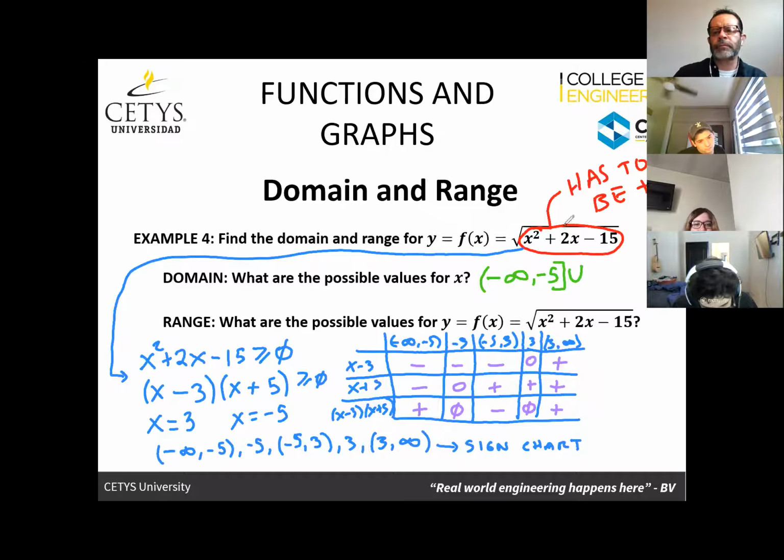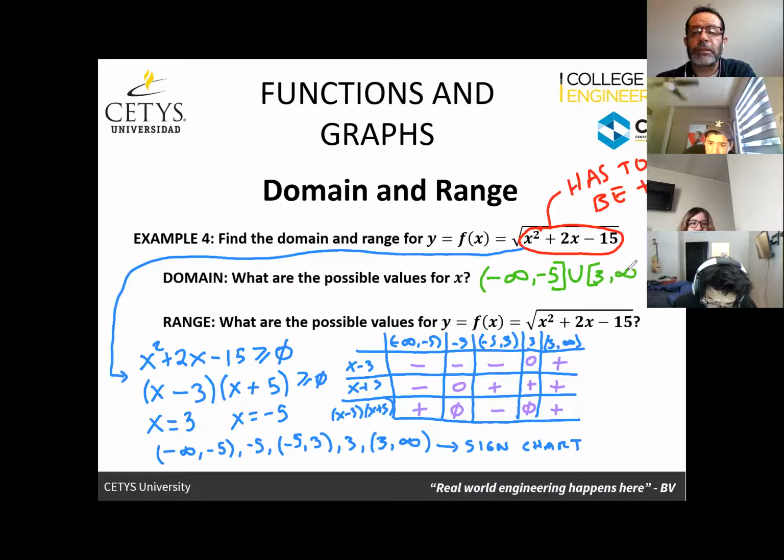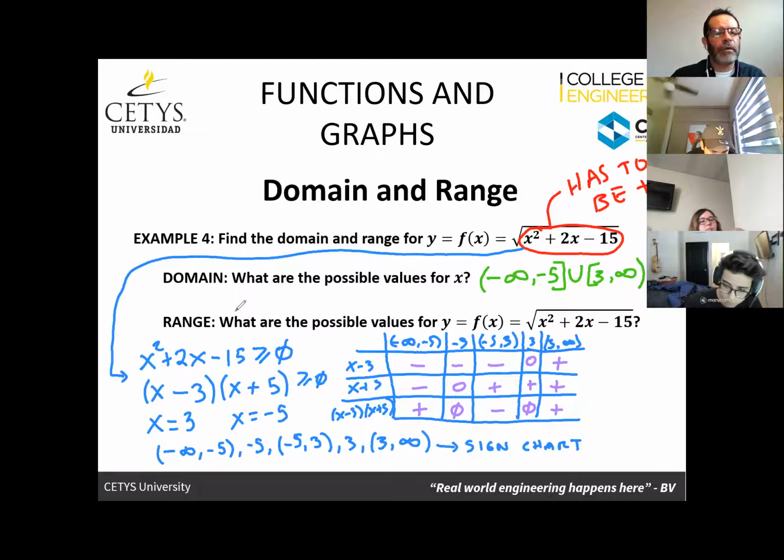Union with 3 until positive infinity. Included or not, the 3? Yes. That would be the domain. Perfect. Was that clear? Yes. Anna? Perfect. Well done. Thank you, Anna.